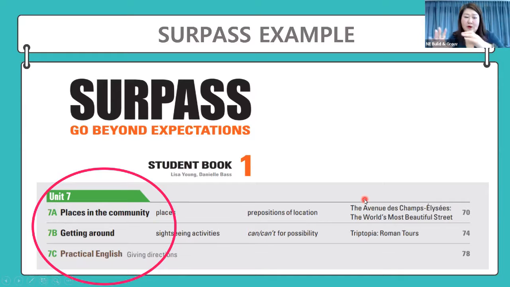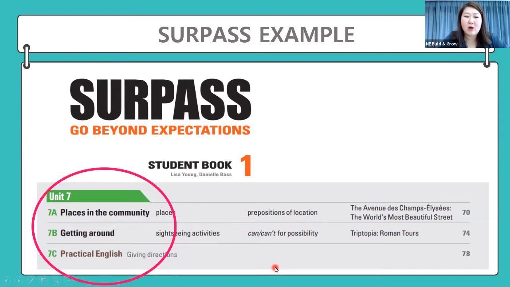Those are one part of the unit. And the second part is what they can do in those places, the activities, which enrich their directions. So we're going to cover all of this through this unit 7.